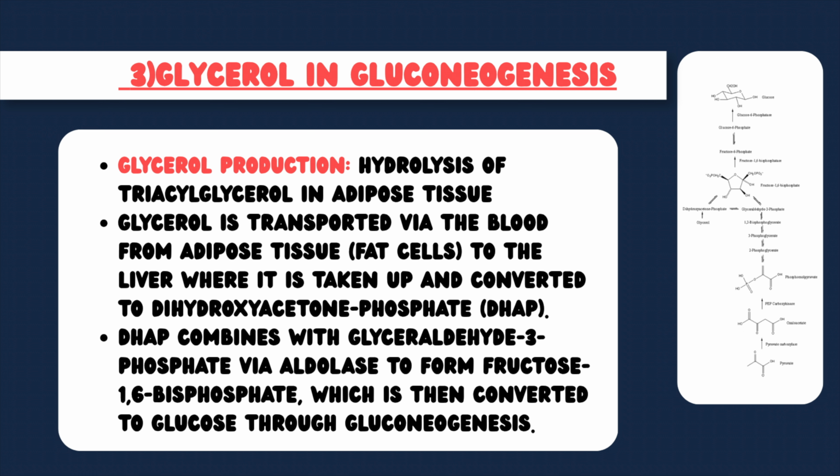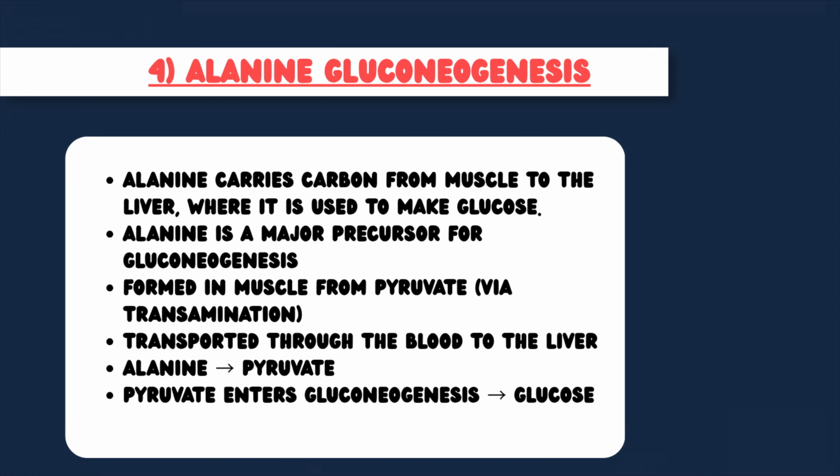DHAP combines with glyceraldehyde 3-phosphate via aldolase to form fructose 1,6-bisphosphate, which is then converted to glucose through gluconeogenesis.